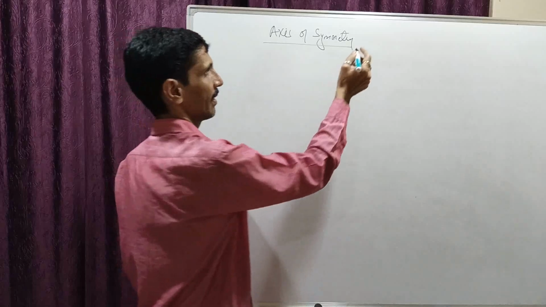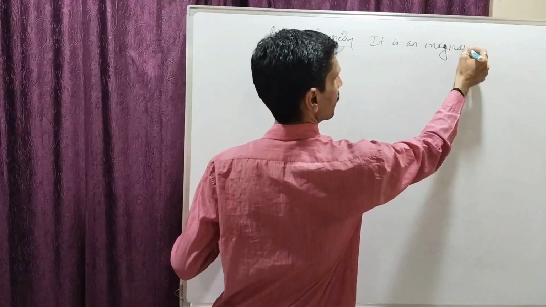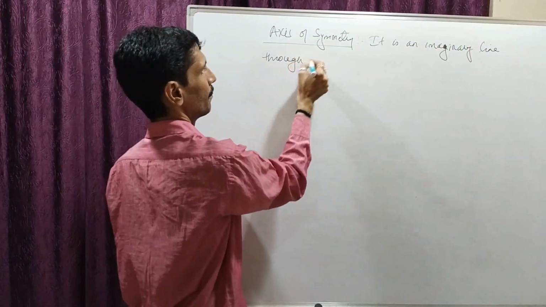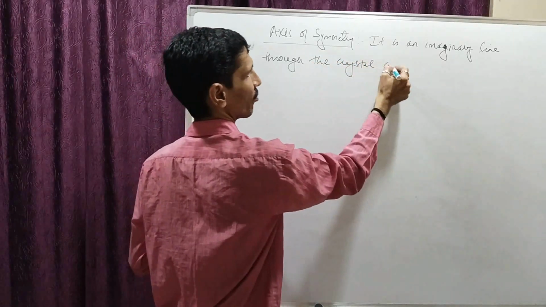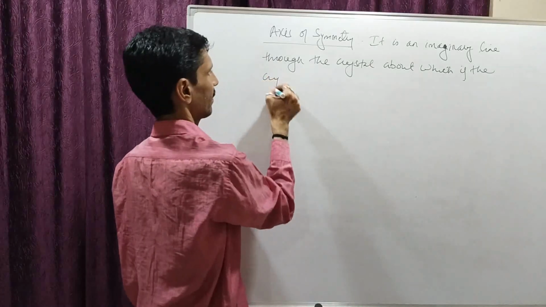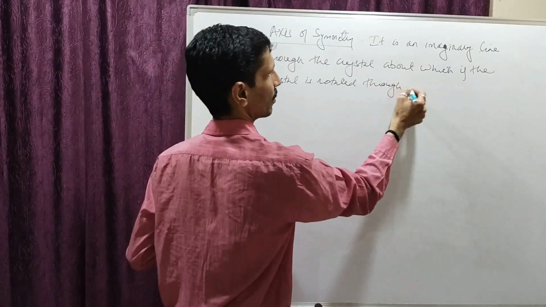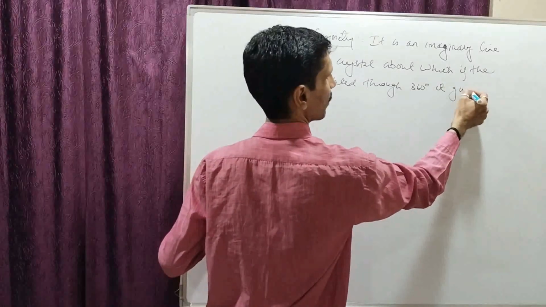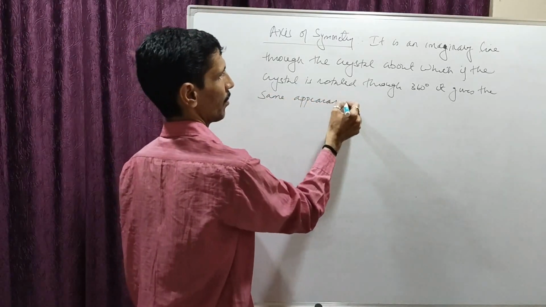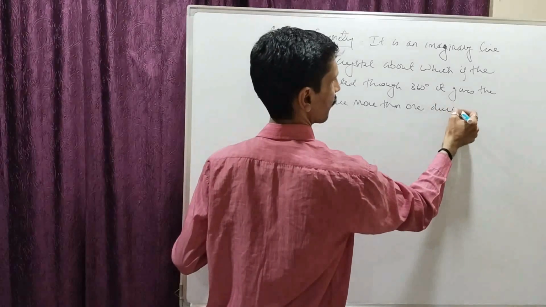In simple words, it is an imaginary line drawn through the crystal about which, if the crystal is rotated through 360 degree, it gives the same appearance more than once during the course of the revolution.